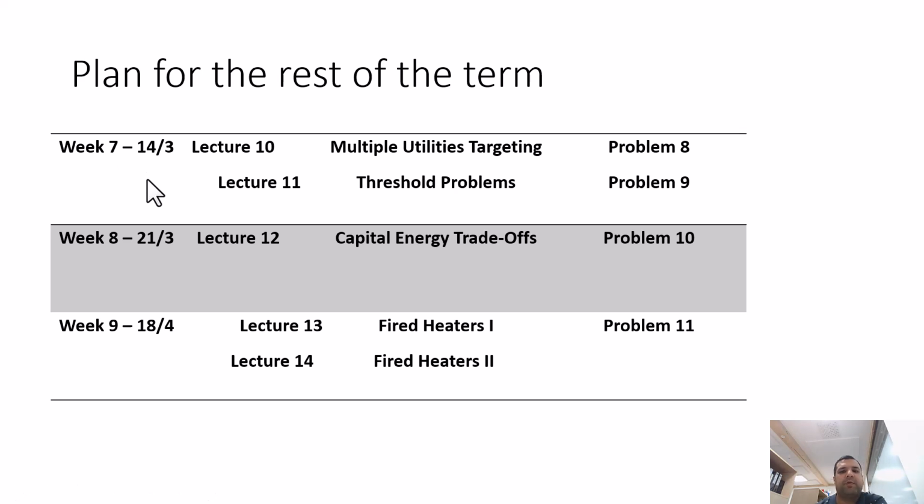We will look at the solution of problem 7, and then I will introduce problem 8 and problem 9. Then in week 8, we will talk about capital energy trade-off. That is looking at area targeting and also energy targets, like what you discussed with Simon in the first part of the unit. And then we will look at problem 10.